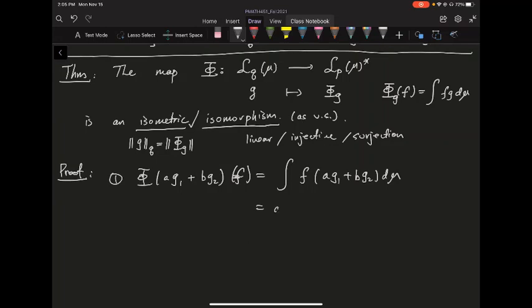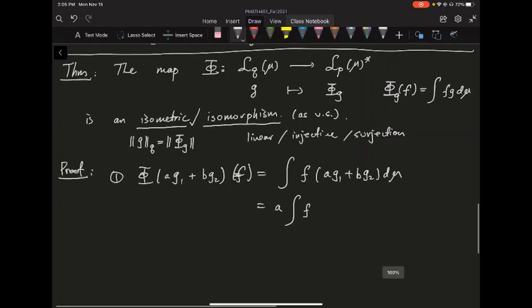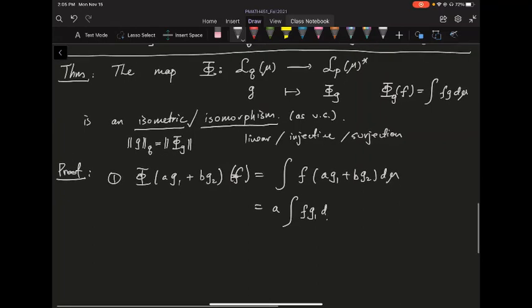Because the integral is linear, you pull out the constants and split the sum, so you have a times the integral of f g1 d mu plus b times the integral of f g2 d mu. By definition, this is a times phi of g1 evaluated at f, plus b times phi of g2 evaluated at f.